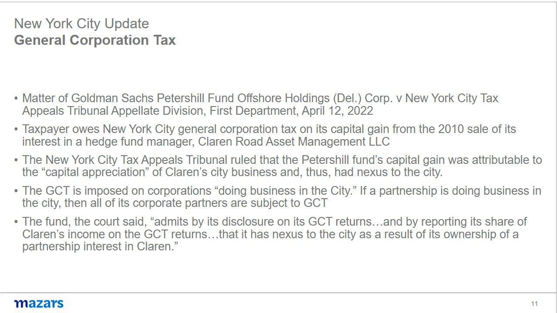Here the courts upheld prior decisions by the New York City ALJ and New York City Tax Tribunal, which held that effectively Goldman Sachs Petershill, which was a non-New York City corporation that held a partnership interest in a partnership doing business in New York City, was required to report the gain on the sale of its partnership interest to New York City.